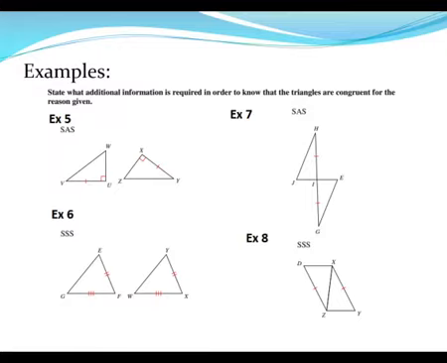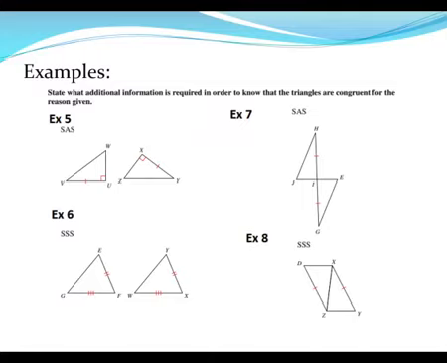And then we're going to try to mark in any of those tricks up our sleeves that are legal to mark in our picture. So if we have vertical angles, we can mark those congruent. If we see that two angles are congruent in our picture, we can mark the third angle congruent by the third angle theorem. And we could also mark a shared side or angle, so we could use the reflexive property.